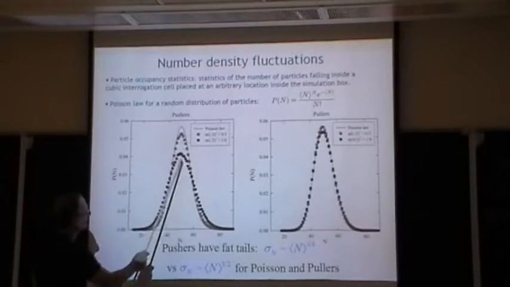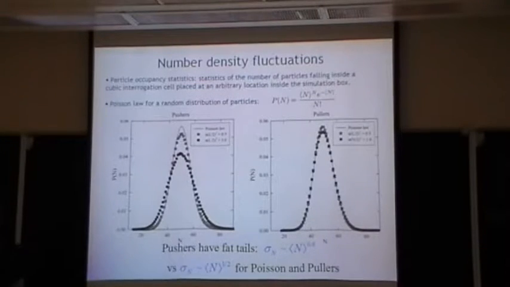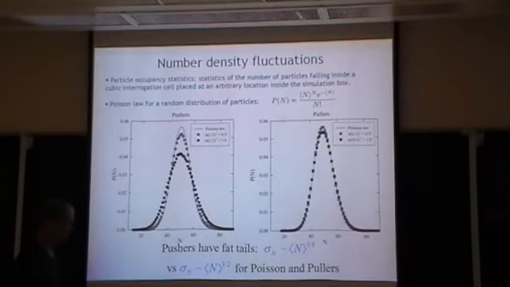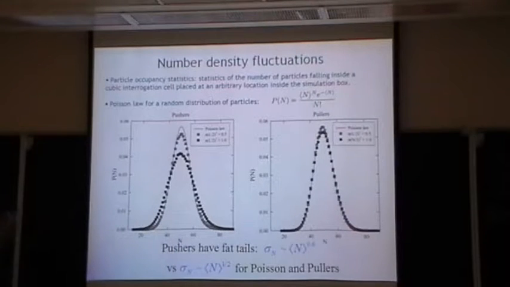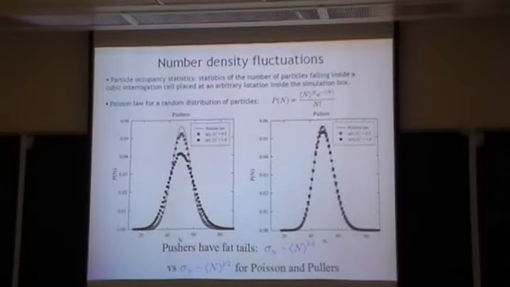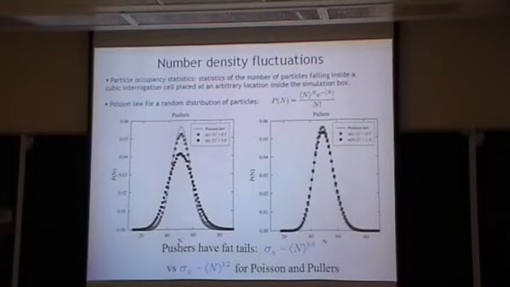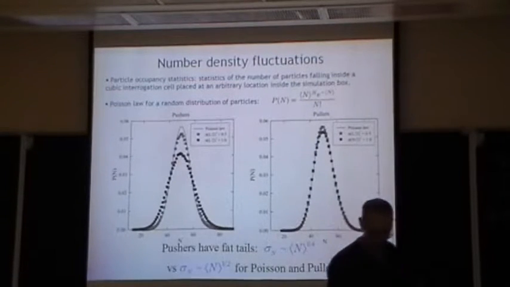On the other hand, we end up having broadening tails in the concentrations when we're looking at pusher suspensions. And we can pull a power law out of that, which gives us tails that scale like the expected value to the 0.6, which is systematically bigger than what you get for Poissonian, but it's less than that for giant number fluctuations, as predicted by Simha and so on, I think in the same paper.